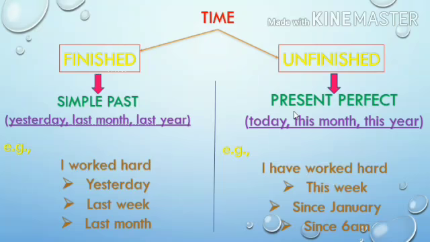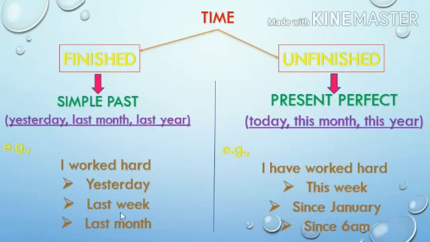Let's look into more examples so you understand more specifically. Okay? I worked hard. Now when I say I worked hard yesterday, that would be fine, because yesterday is a finished time. Or I could say I worked hard last week.